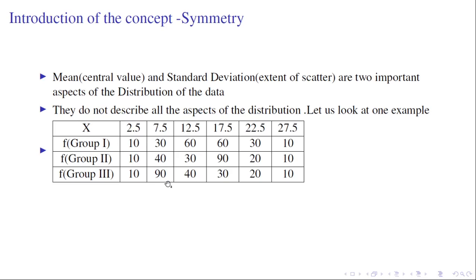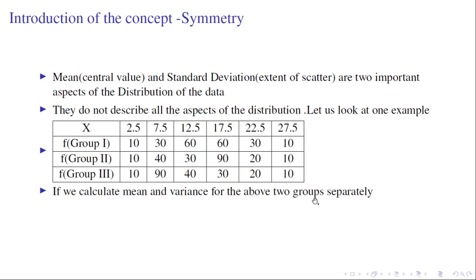In the beginning itself, 7.5 is the highest here, 17.5 is the highest here. Okay, the mean and standard deviation are the same for all these three groups. Mean is the same, standard deviation is also the same. Mean is 15 for all the three groups.